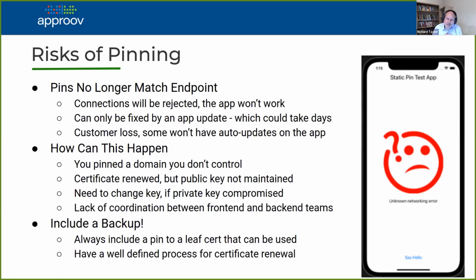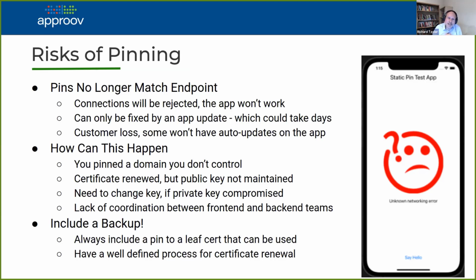And during that time you have a major problem, and you can't really be absolutely sure that everyone is going to update their app. So it's quite useful if you have some kind of messaging inside the app if there are pinning failures to indicate that you might want to do an update. But really you need to make sure this doesn't happen. And the things to avoid really is that you must never pin a domain that you don't control.